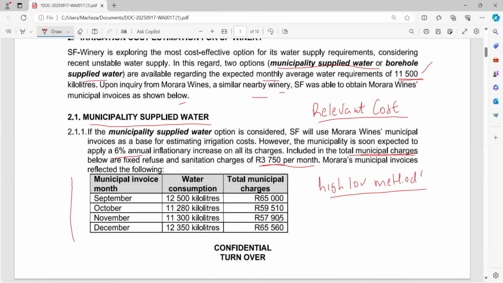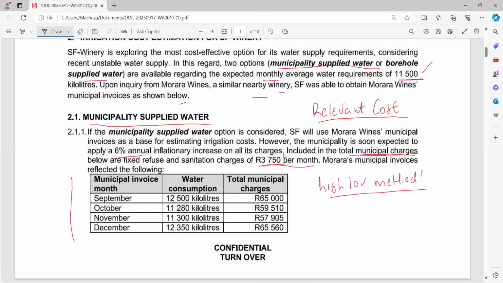But also remember that there are fixed charges and variable charges. So you need to split them again on the total municipality charges, the fixed and variable cost elements, so that you come and put your variable here. But also take into account the 6% annual inflationary increase.